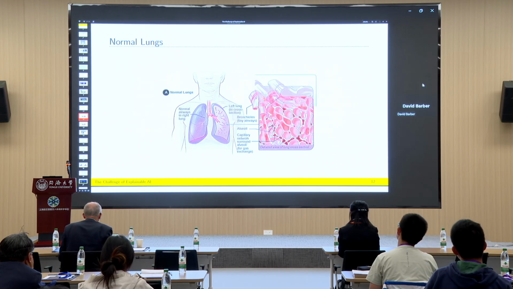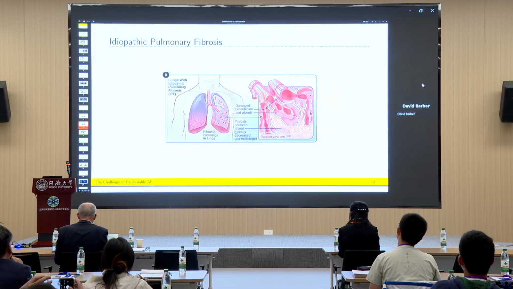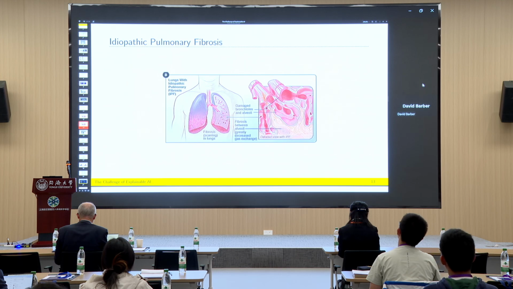On the other hand, if you have a condition called idiopathic pulmonary fibrosis, the interstitial tissue here actually gets very stiff and fibrous, and this makes it extremely difficult for you to breathe. And people with this condition, unfortunately, don't tend to survive very long.